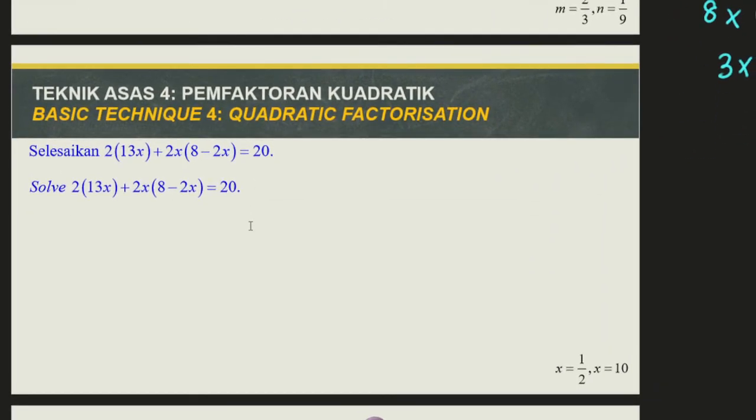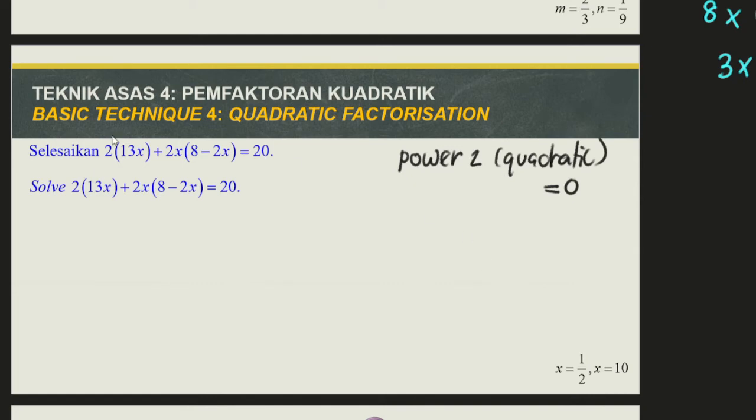Now let's look at this question. Solve. Whenever you solve a question like this, if you see a number at the back, and you get power 2, quadratic, make sure the back equals 0. Make sure there's no number at the back.